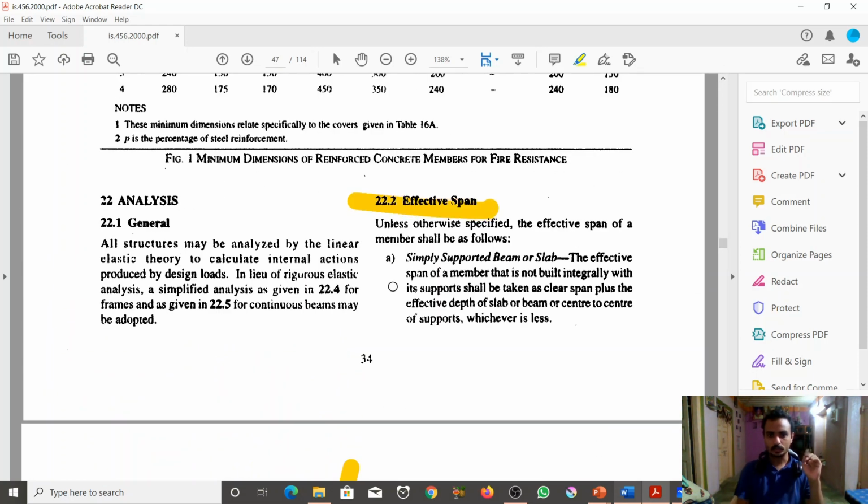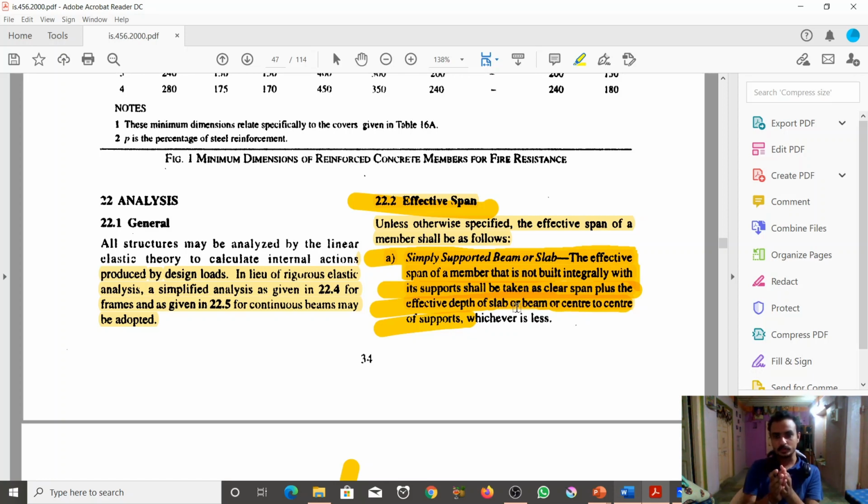Code 22.2a says: for a simply supported beam or slab, the effective span of a member that is not built integrally with its support shall be taken as the clear span plus the effective depth of the slab or beam, or the center to center of supports, whichever is less.